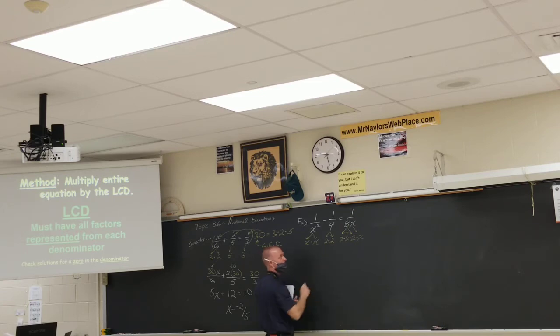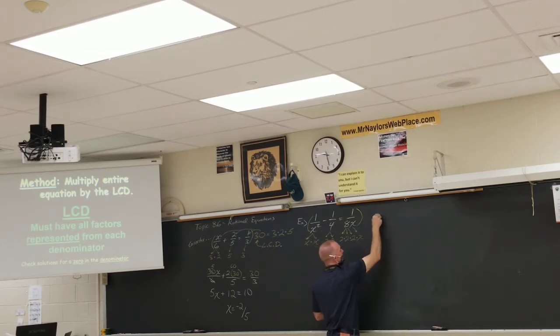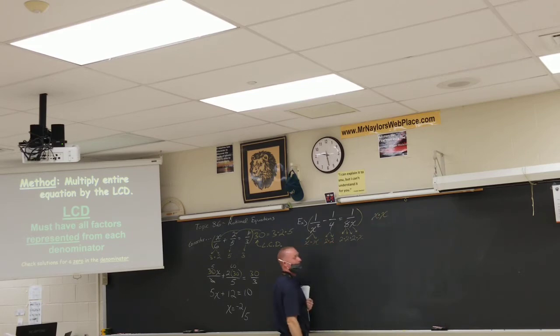So I have 2, 2, 2, and x. Represent. I need an x and an x. Careful, I need all of those factors represented to account for an x squared. So again, I need an x and an x.